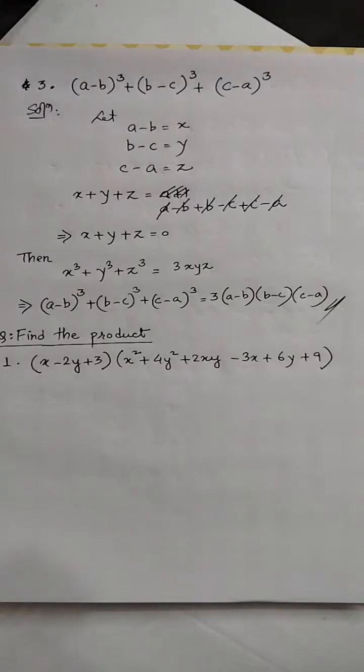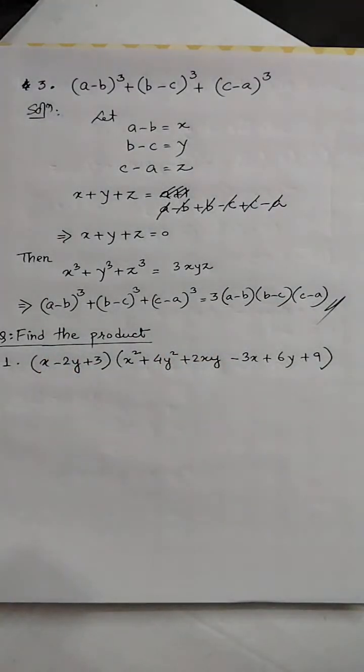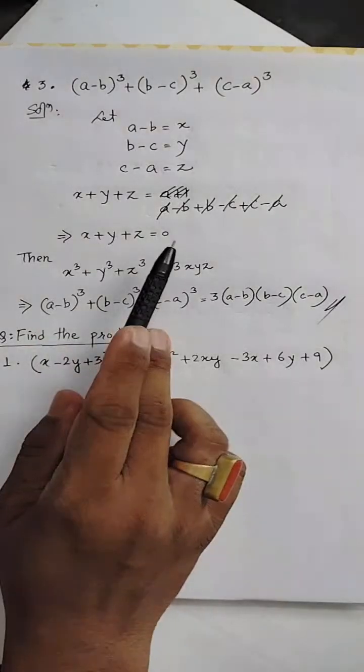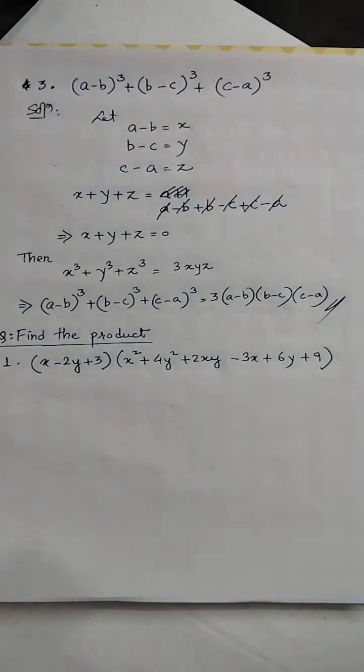I have explained it in a full, detailed manner how this is used. In fact, I have solved few questions also yesterday, so you may please refer to them. As of now you can just take it as a property. If x plus y plus z is equal to 0, then x cube plus y cube plus z cube is equal to 3xyz. Okay.